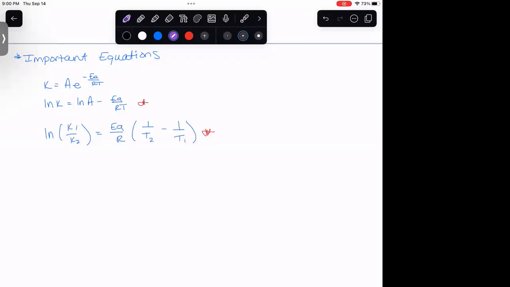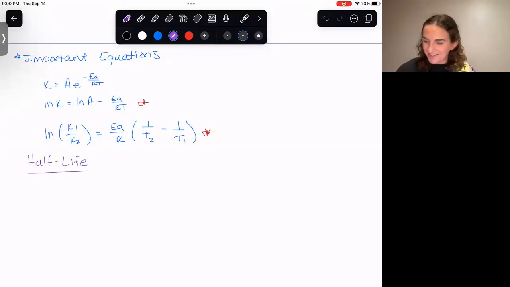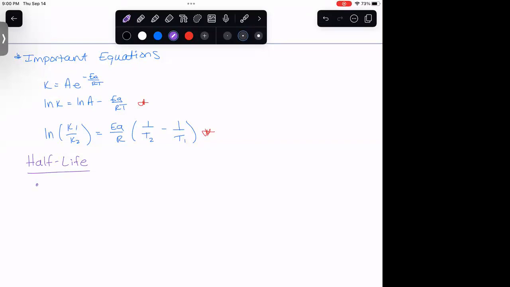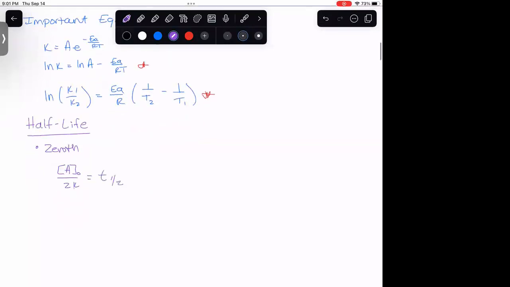The half-life equations. Okay, what are our half-lives? Do you know any of them? Yeah, I know all of them. The half-life for the 0th order is equal to the initial concentration over 2K. Then for first order, it is equal to the natural log of 2 over K, which is kind of cool that it does not have the initial concentration in it.